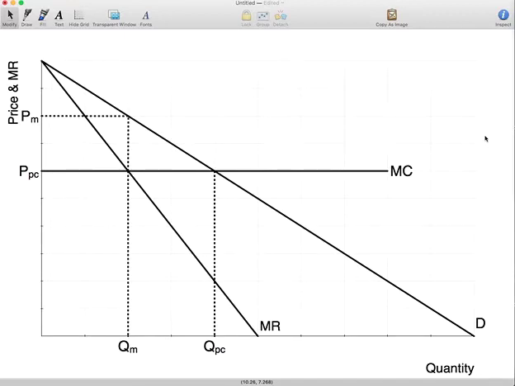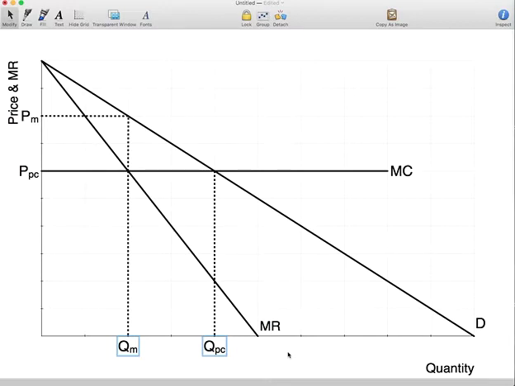Also, make sure you give some type of description of what goes on, and make a note of what we can see: the price in monopoly is higher than the price in a perfectly competitive market because the monopolist has market power. It has discretion over pricing. The price is not set for them. Also, realize that when we compare the output levels, output in the monopoly market is lower than in a perfectly competitive marketplace.